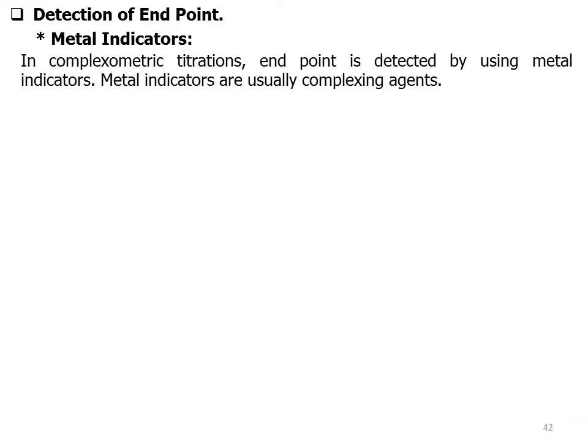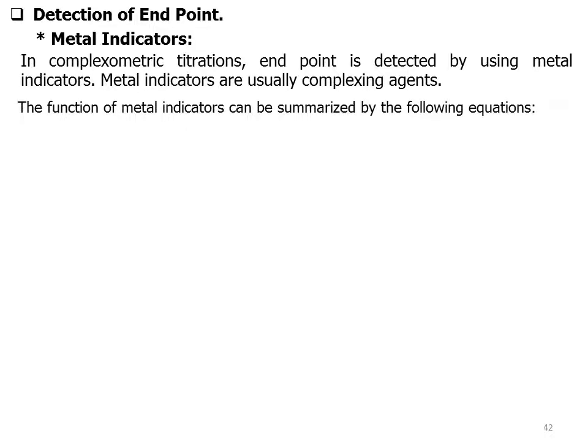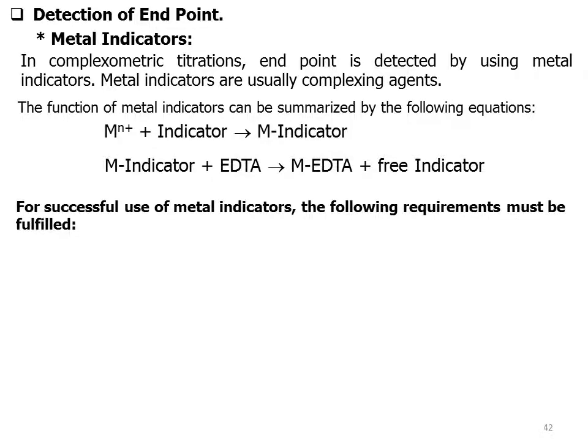So, for the detection of the endpoint in complexometric titration, the endpoint is detected by using a metal indicator. Metal indicators are usually complexing agents, ligands. The function of a metal indicator can be summarized by the following equation.